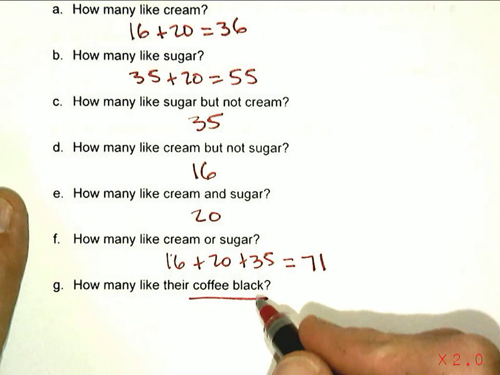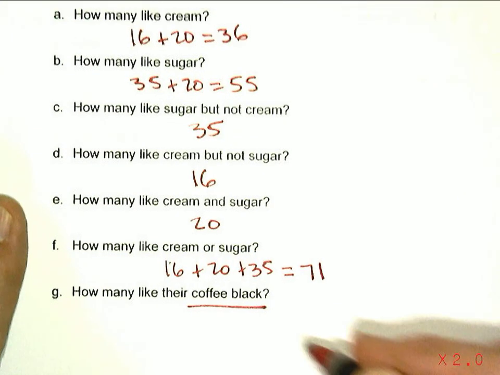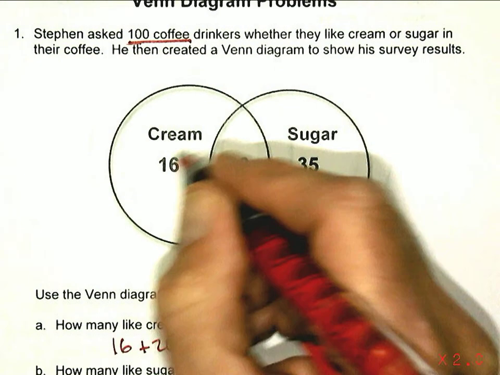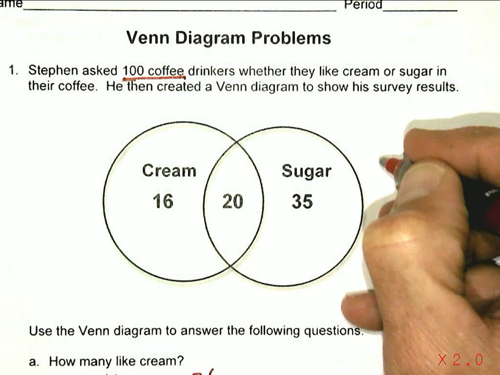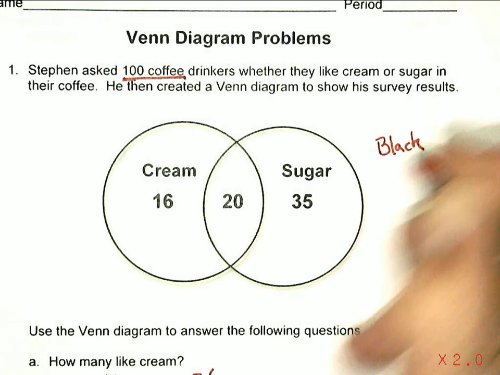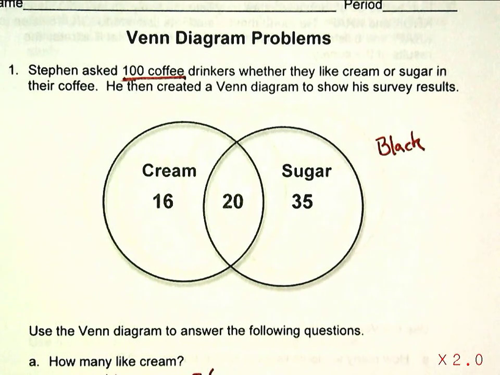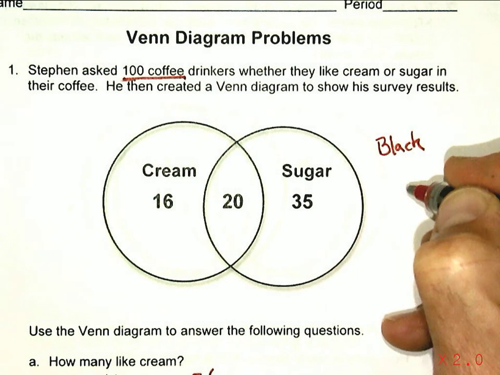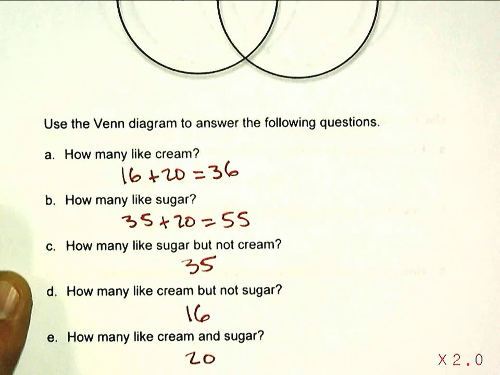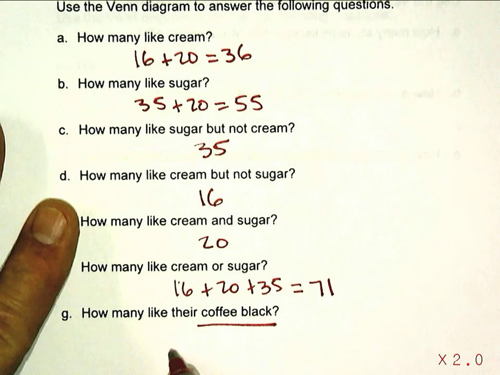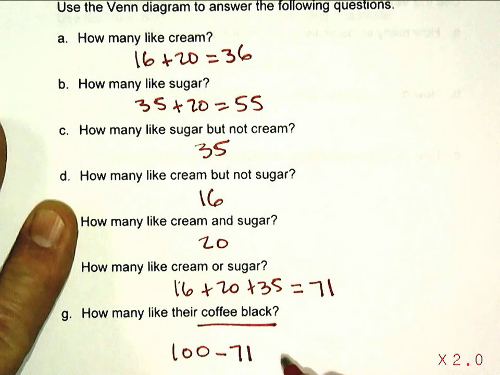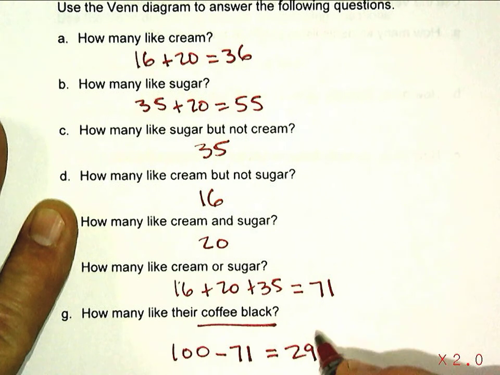Well, again, we go back to there were 100 people asked, and our circles only include 71 people. So if you think about this, there's this group of people outside the circle that just like black with nothing added to it. And so that would be the rest of the people, the rest of the 100. To find that, I'm going to take the 100 minus the 71 to get the 29 people that really like it black.